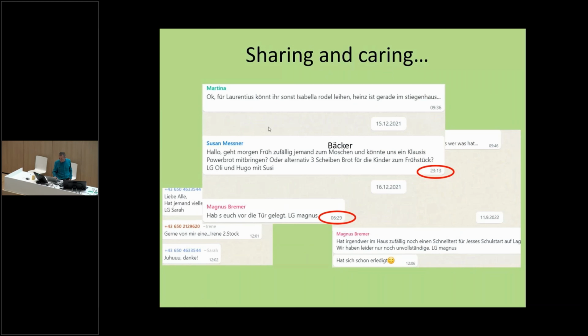Hallo, geht morgen früh jemand zufällig zum Moschen, das ist der Bäcker, und könnte uns ein Klausis Bauerbrot mitbringen oder alternativ 3 Scheiben Brot für die Kinder zum Frühstück. Liebe Grüße, Olli mit Hugo und Susi um 23:13 Uhr, und Magnus schreibt um 6:29 Uhr, hab's euch vor die Tür gelegt. So it works very well. If you need a slide or you have problems with your computer, some other things, you can get help inside the house.